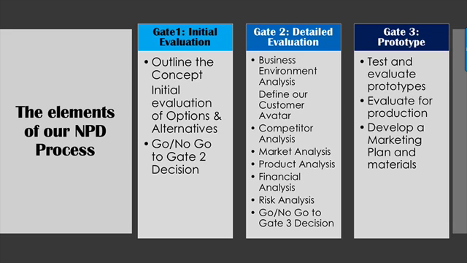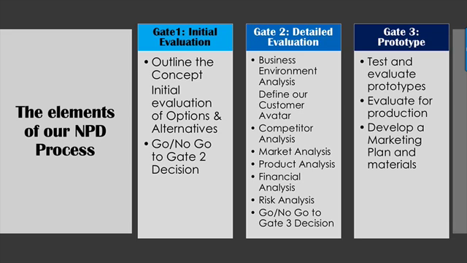We do a far more detailed evaluation. We look at the business environment we're working in, clearly define our customer, what the competition is up to, what's happening across the marketplace, what's happening with the product. We do some financial analysis, some risk analysis, and then we make another decision on whether we're going to go to the next phase.